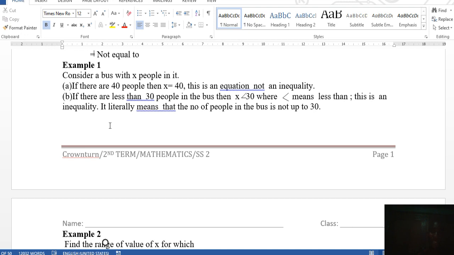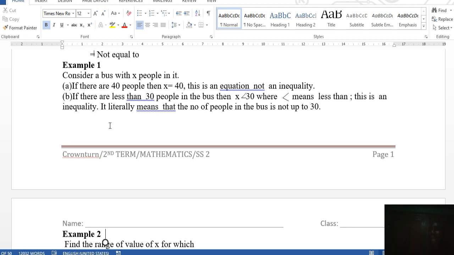I can just stay inside the class and say there are X people inside the bus, and a student will say, okay, X people, we don't have a definite number. So the student goes to the bus and counts the number of people in the bus. He was able to count 40 persons inside the bus. You understand? He counted 40 people inside the bus.